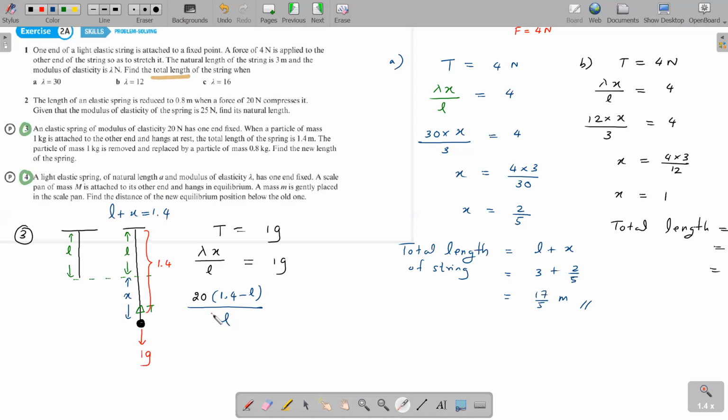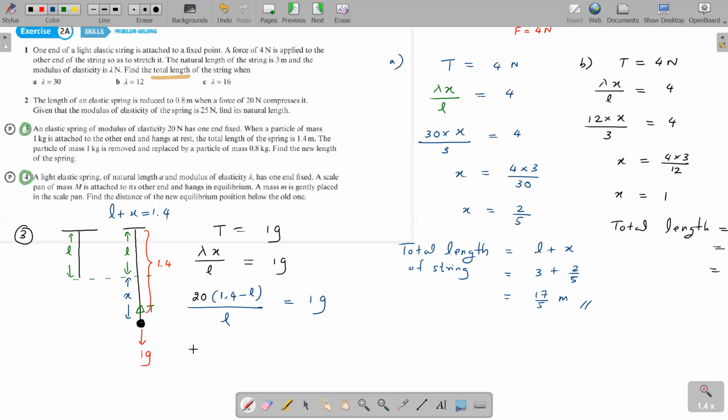I want to make my equation with one variable. Don't replace L with 1.4 minus x, that defeats the purpose. I want the equation with one variable so I can make it the subject, equals 1g. So now you have an equation where there is only one unknown.